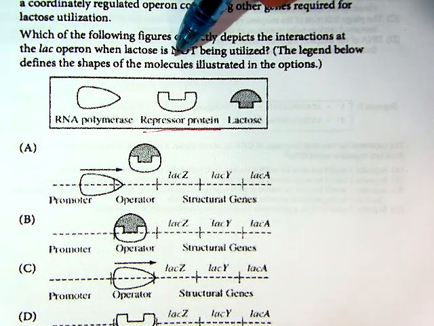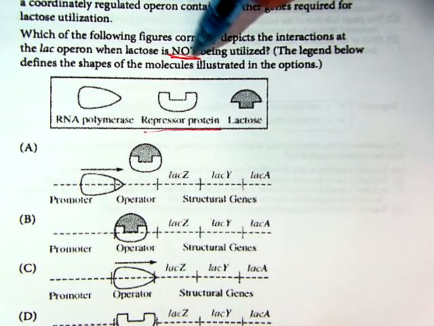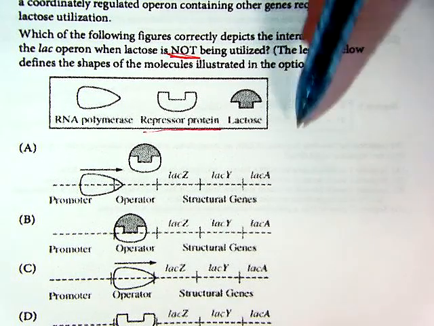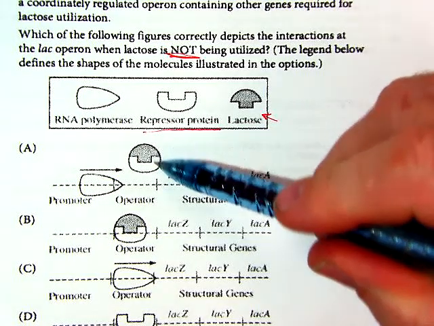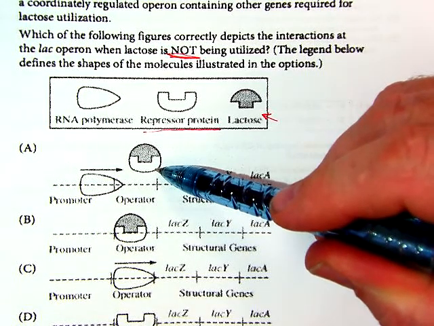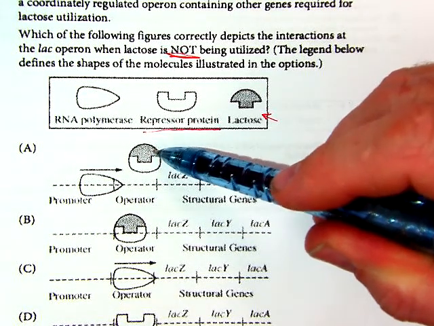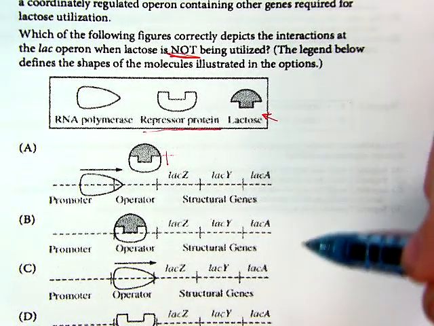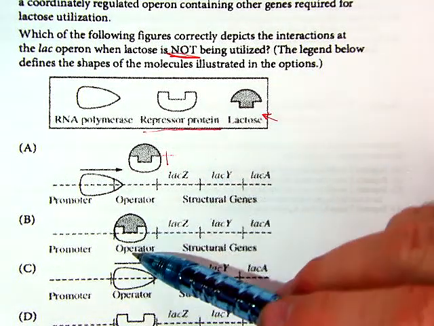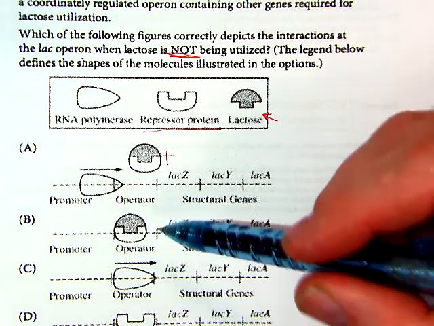when lactose is not being utilized? That means this guy is not present. So A shows the lactose is bonded to the repressor protein and it's released. That is incorrect because lactose is not being utilized. On B, again, the lactose is bonded to the operator.